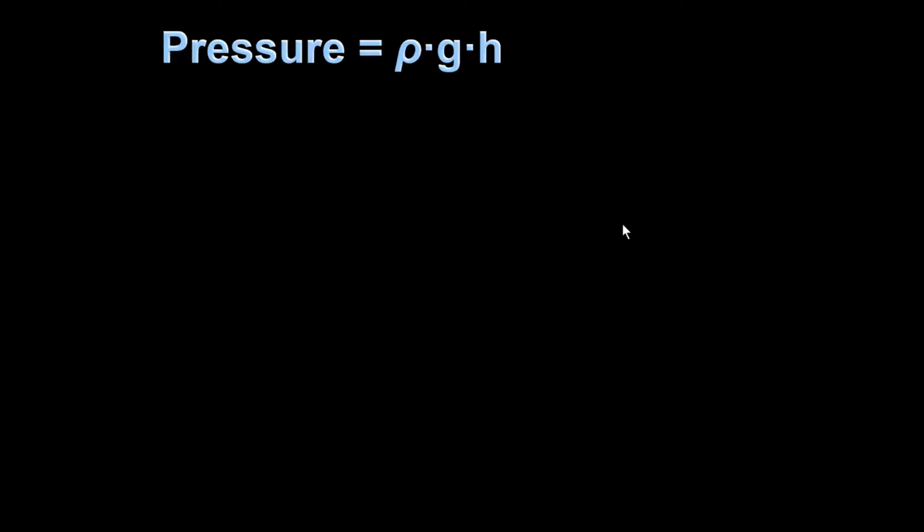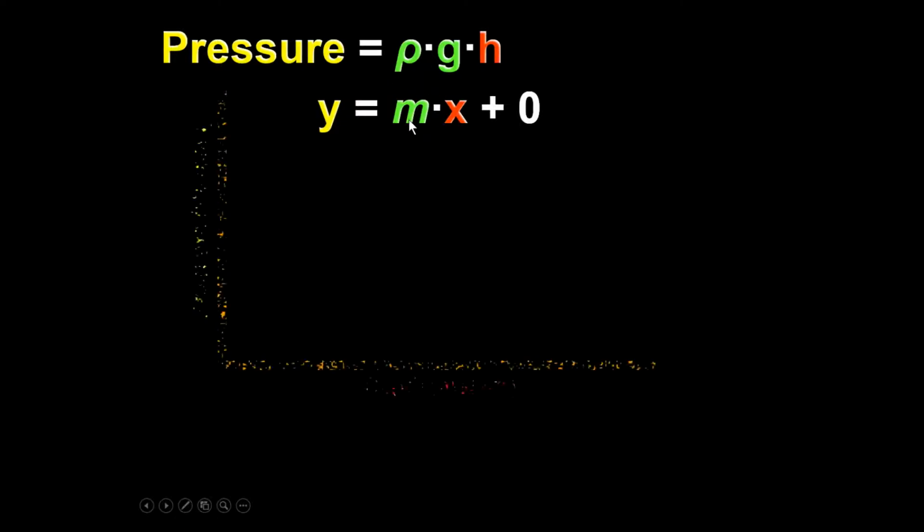First, a reminder that pressure in a liquid is density times gravity times height. And density and gravity are constants. And if we were to graph the pressure as a function of the depth or the height, these terms would multiply together to give us a constant, which would be the slope of that line.